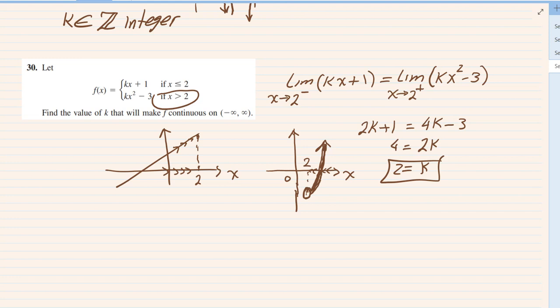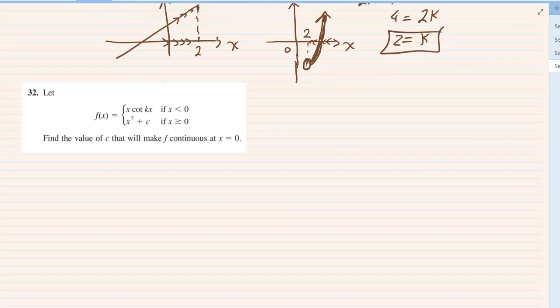Now, let's take a look at the trig ones, because those are a little trickier. In number 32 now, again, we want to find the value of the constant c that will make the function continuous. This time it's not from -infinity to infinity, it's at x equals 0, so continuous at x equals 0.